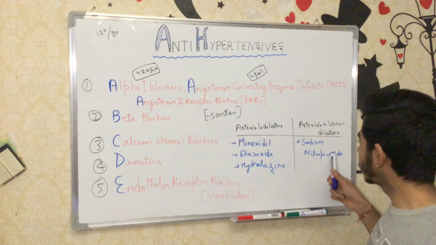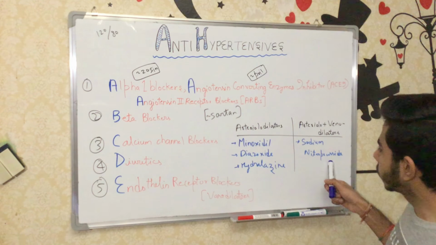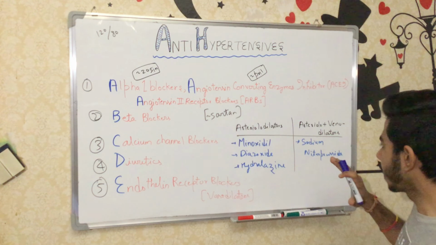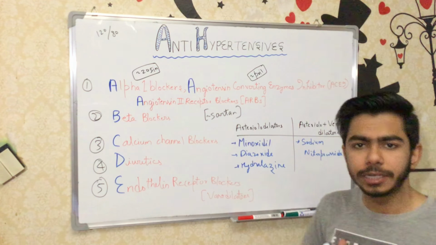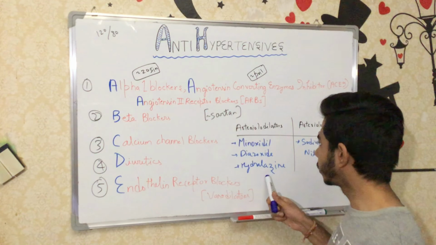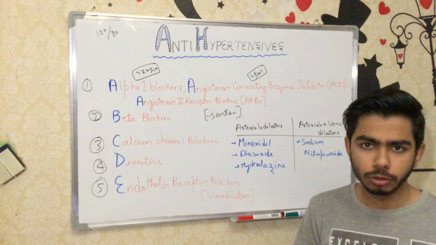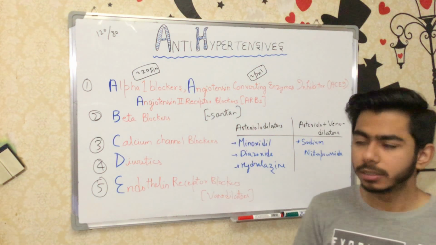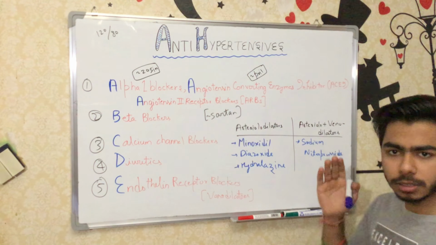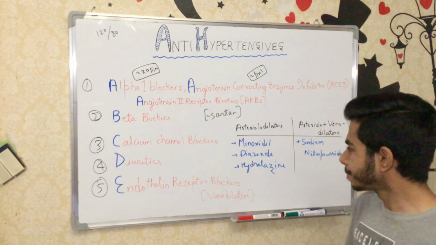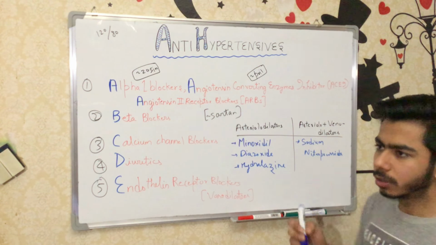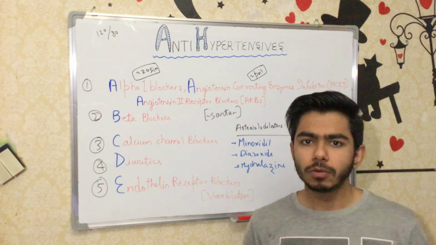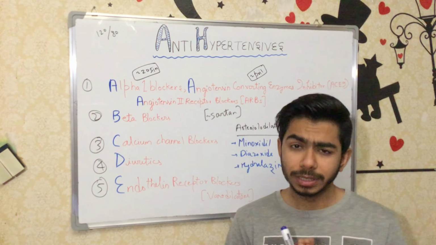Talking about the arteriolo plus venodilators, they act on the venules as well as on the arterioles. However, the others act strictly on the arterioles only. They don't act on the venous side. Sodium nitroprusside acts on the arterioles plus venules too, and is used especially for hypertensive emergencies.